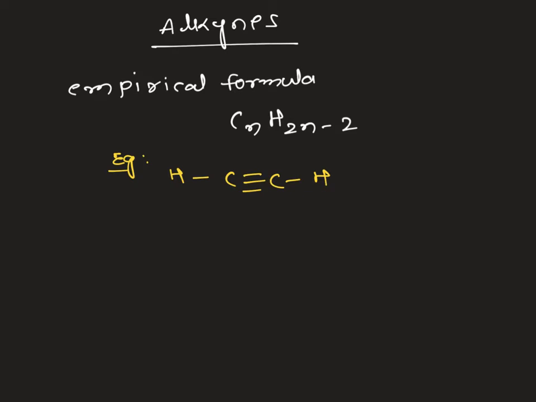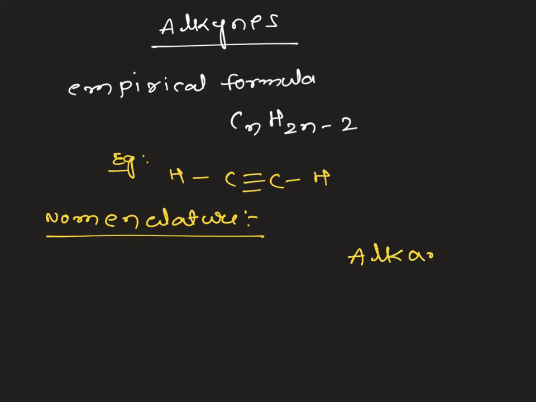Nomenclature of alkyne: how we will write a systematic name of alkynes is, we derive the parent name from the alkane, and here we replace the "-ane" with "-yne", that is alkyne.